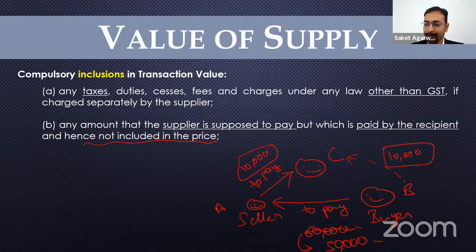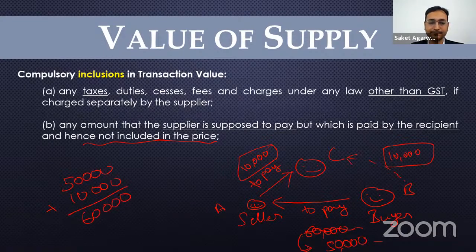Government is saying, please pay my taxes on the same 60,000 rupees. This is a compulsory inclusion. That means we will start with 50,000 rupees, the price mentioned on the invoice, and we will add back 10,000 rupees. And on this total, we will charge GST.